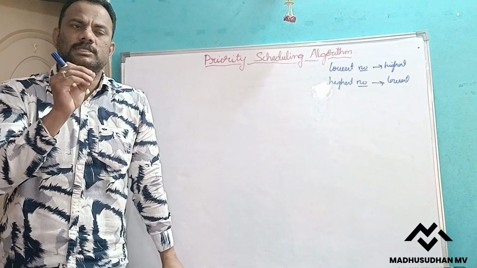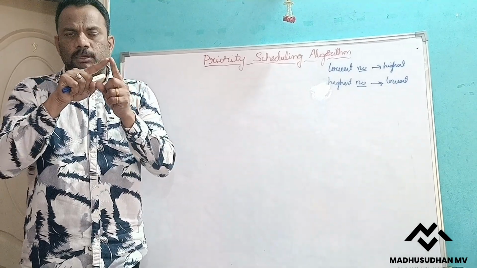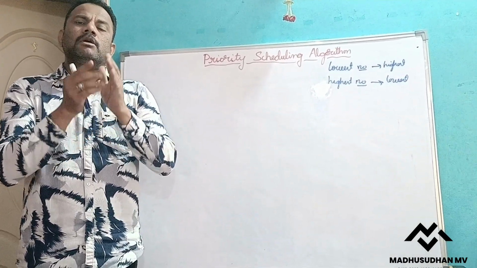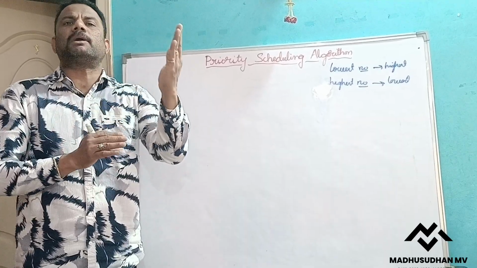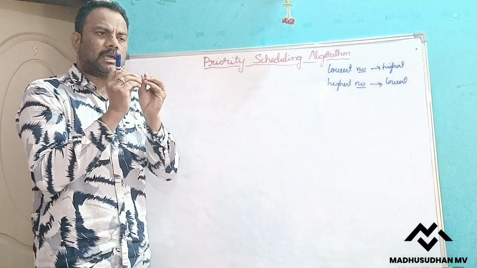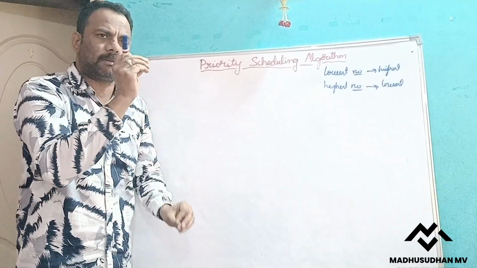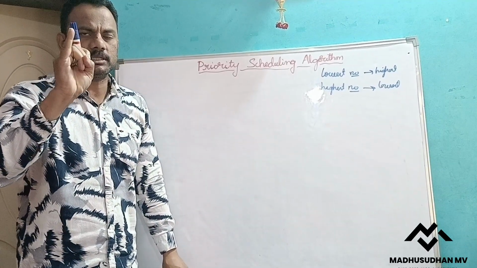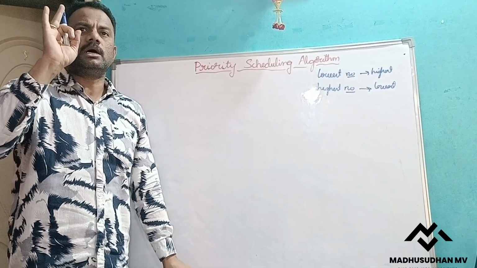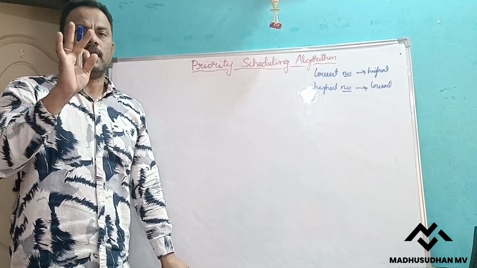Or the operating system can assign priority based on the ratio of CPU to IO activity. That means the operating system can assign priority to every process based on the CPU burst time, the ratio of CPU to IO activity, the number of resources it requires, and so on.